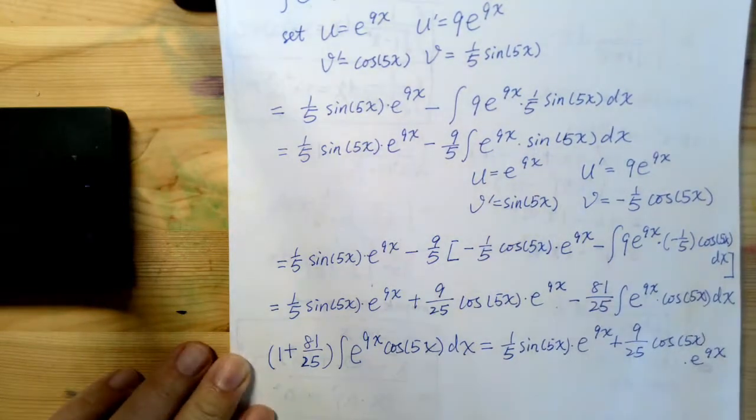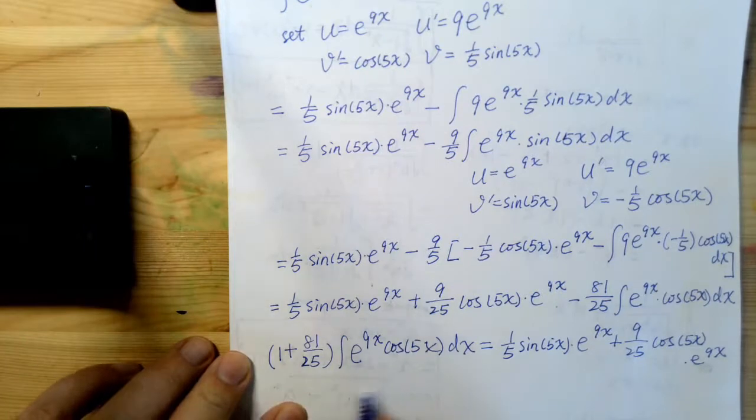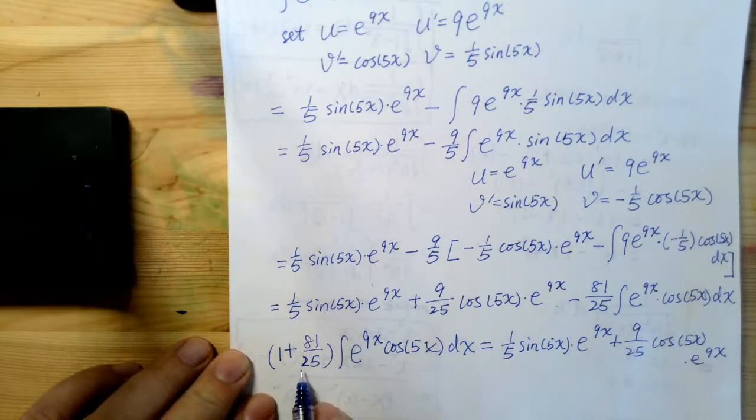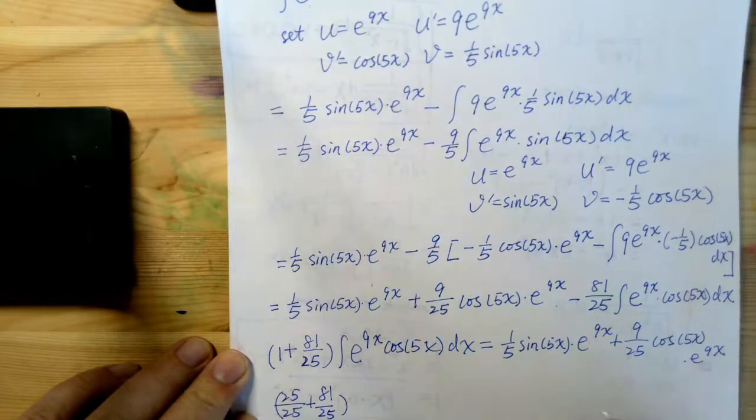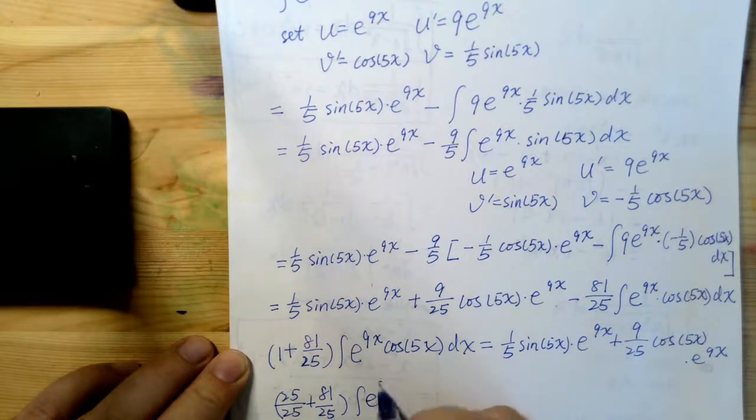Okay. And this can be made with a common factor, which is going to be 25 over 25 plus 81 over 25. And then times this, just copy and paste.